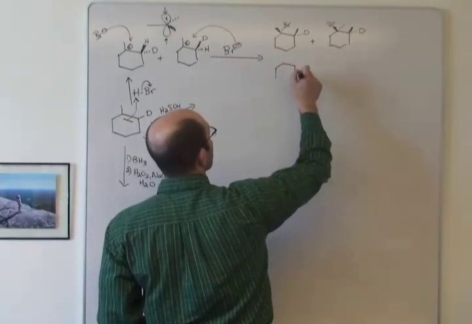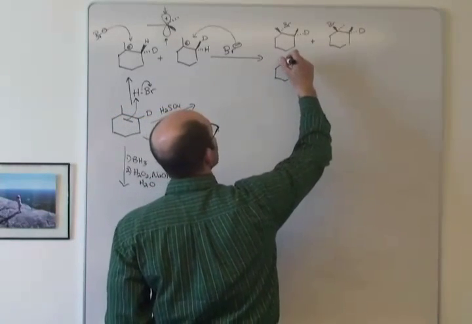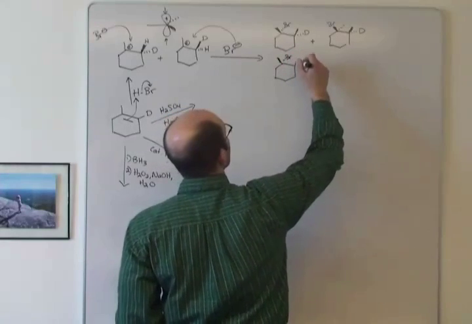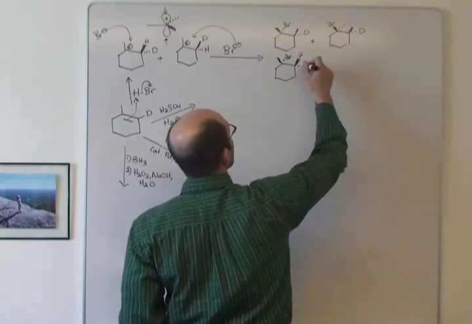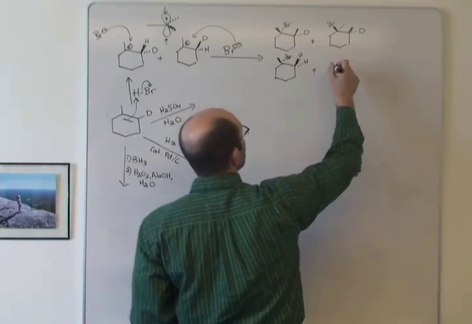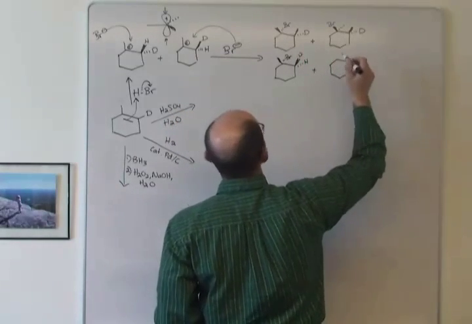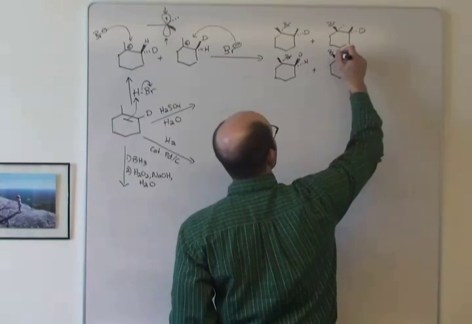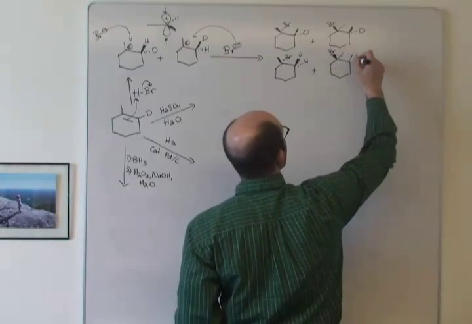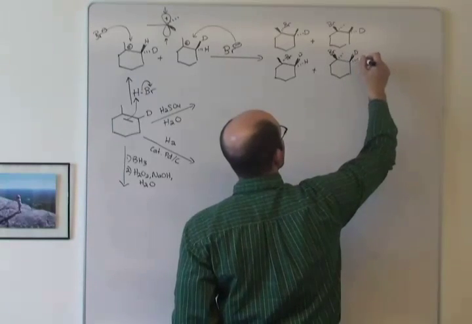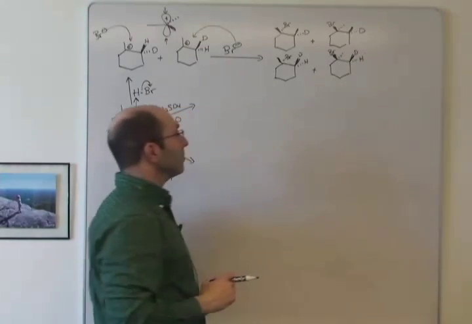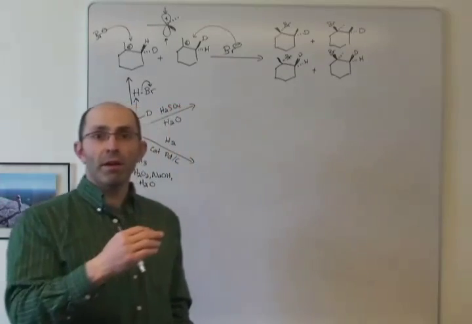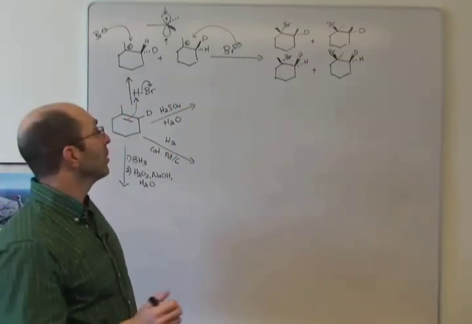We can add Br minus to the back. And we can add Br minus to the front, right? So we've added H initially to the front and the back. Now we've added Br to the front and the back. So we end up with 4 of these.